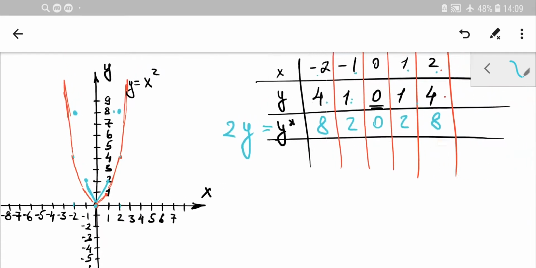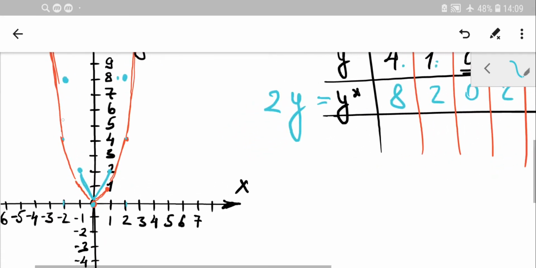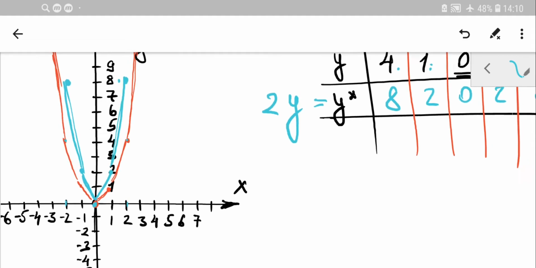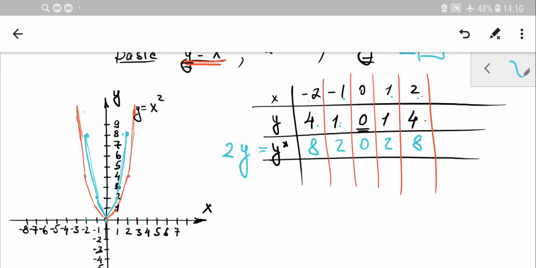Now we connect those points with the previous ones, and it goes something like this. So it gets definitely narrower than your original graph. We just go upwards, and what we notice is that the parabola gets narrow.